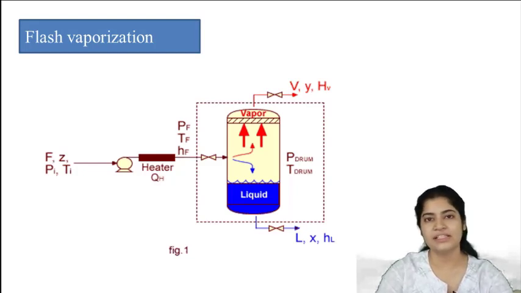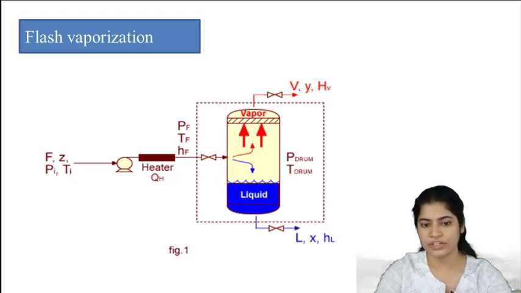It is then sent to a heater, then to a pressure reduction valve and then into the column. In the column you can see vapor and liquid separating. Your vapor has mole fraction of the more volatile component as Y. Similarly, your bottom product liquid has mole fraction of the more volatile component as X.